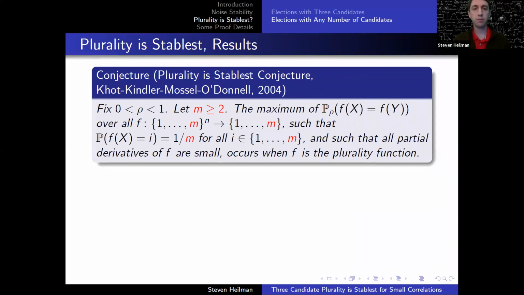So here I just rewrote the plurality is stablest conjecture for any number of m candidates. Whereas before I just had functions from {1, 2, 3}^n, now I just changed 3 to m.